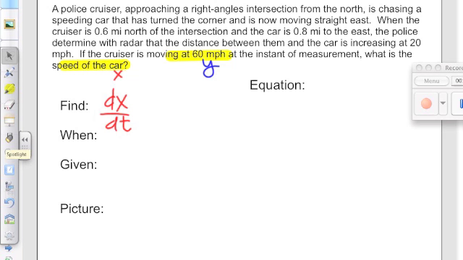Well, if it's speed, it's telling us they're moving, when dy/dt is equal to 60 miles per hour. Questions?